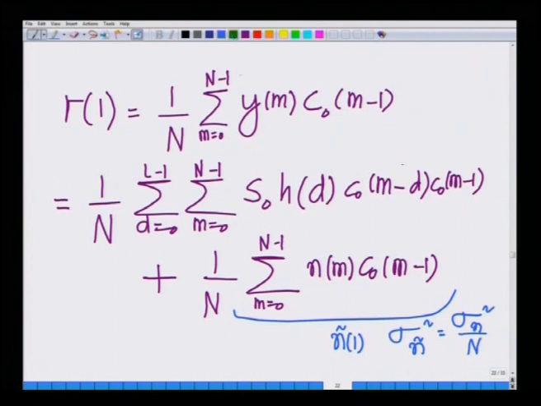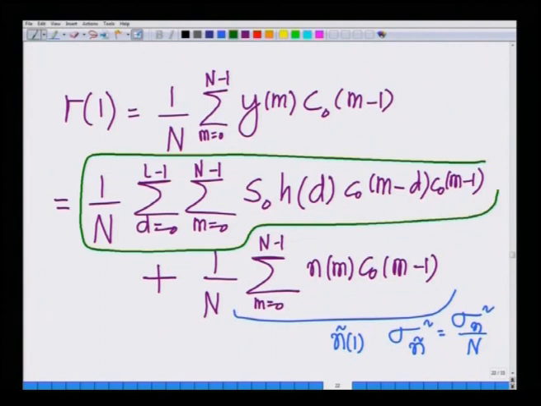However, now look at this term over here. Instead of correlating with C0 m, I am correlating with C0 m minus 1. Hence, this will pick the term corresponding to d equals 1, because C0 m minus d into C0 m minus 1, when summed over all the chips, only survives if d equals 1.